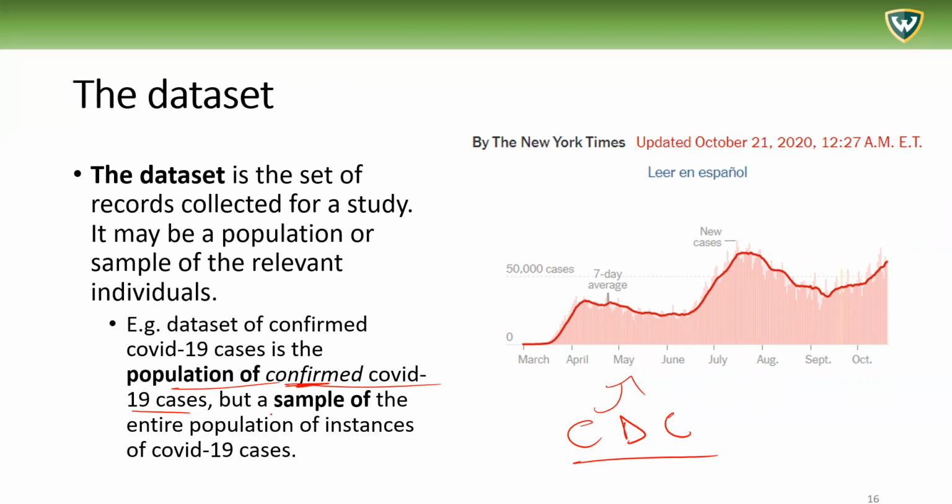So the confirmed COVID-19 cases is a kind of sample of the entire population of COVID-19 cases.